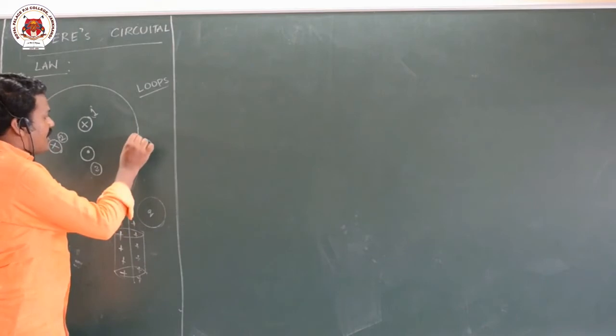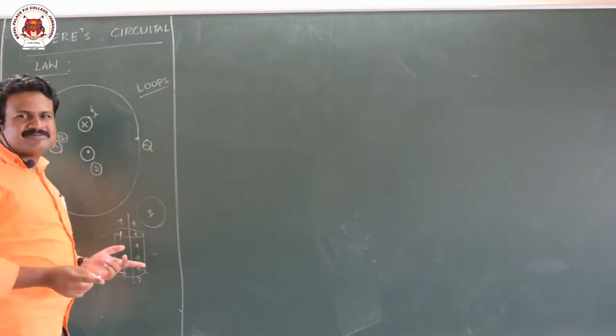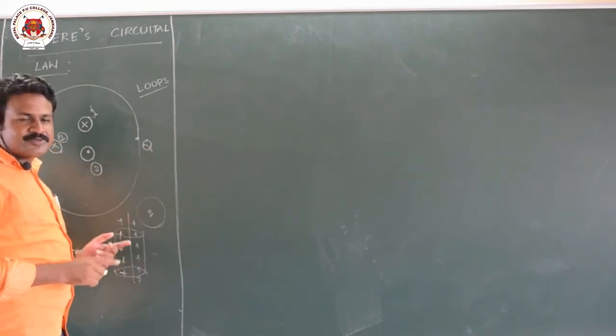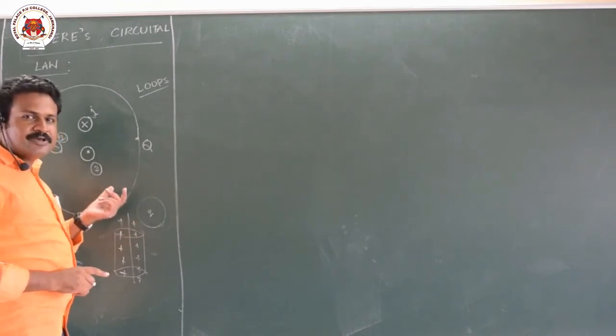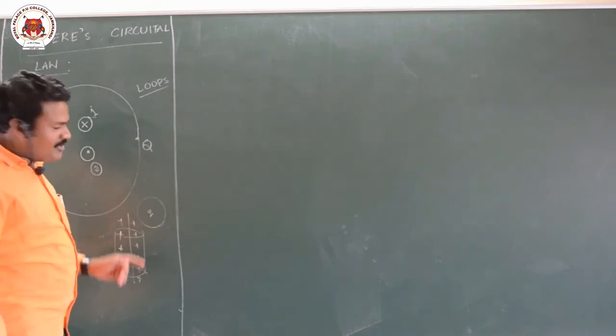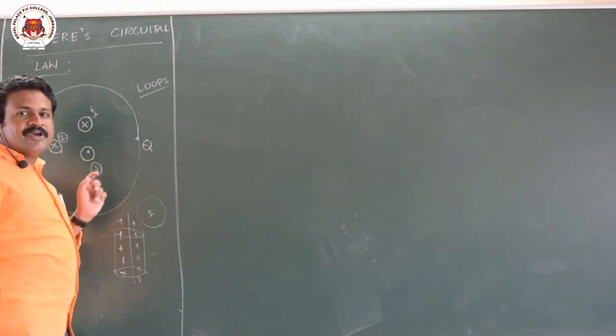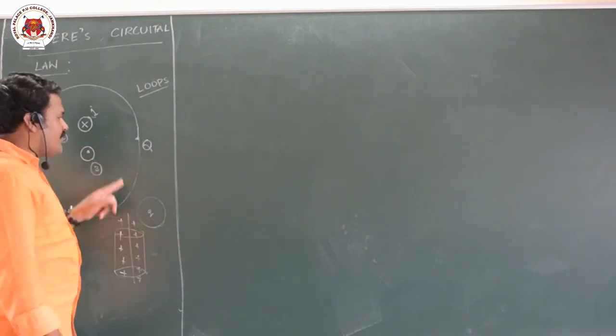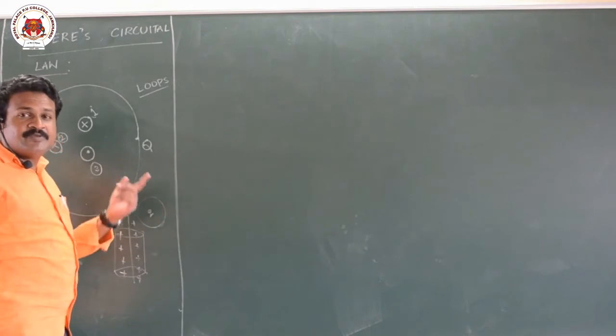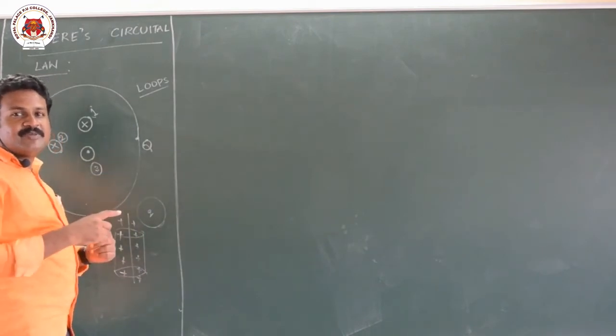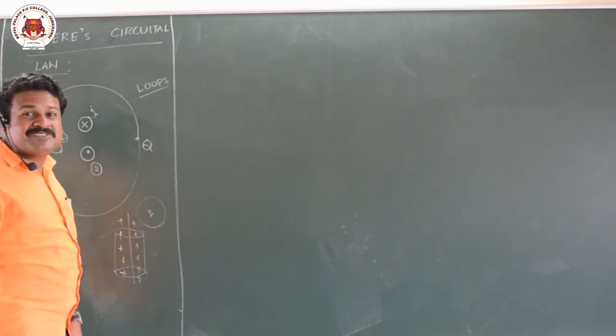But here in Ampere's law, these two are similar, like brothers. Ampere's law and Gauss's law are exactly similar. But there we are finding the electric field, here we are finding the magnetic field. There we used to construct a 3-dimensional surface called a Gaussian surface.